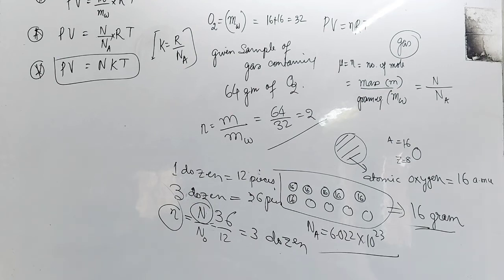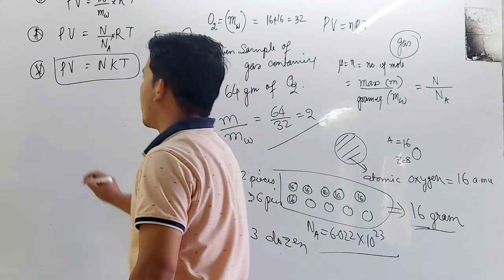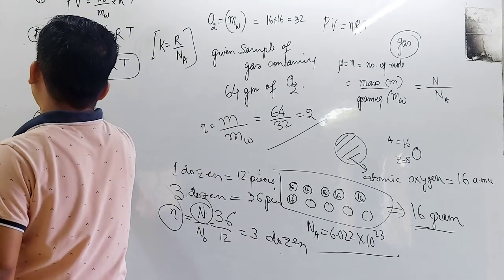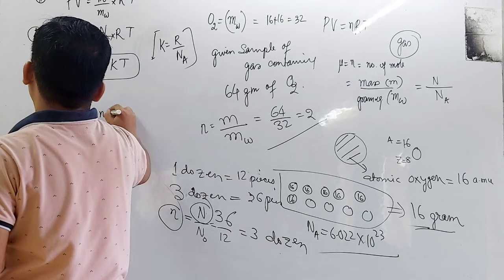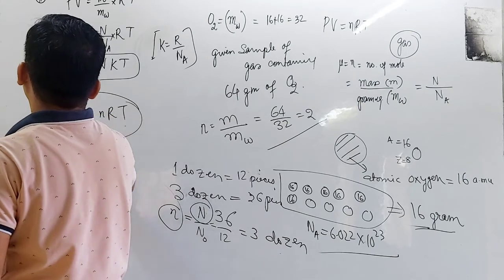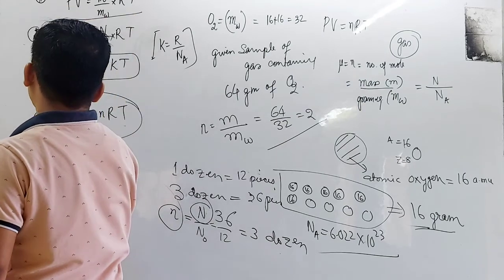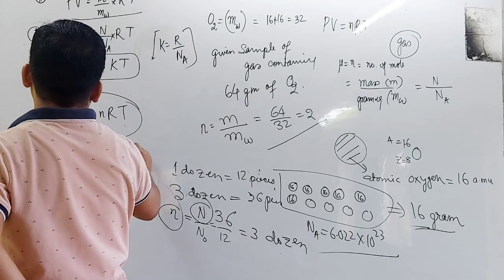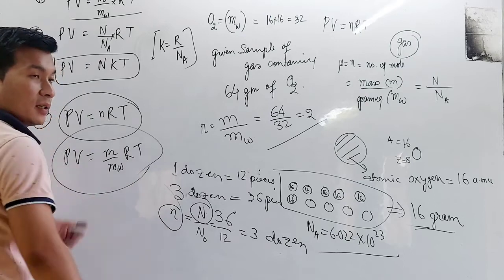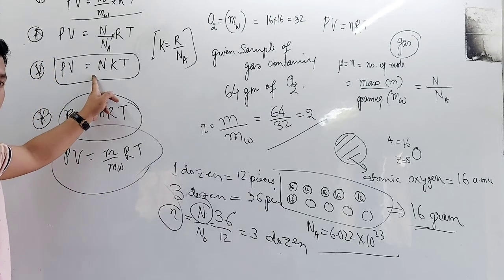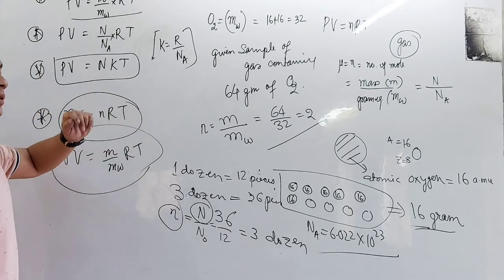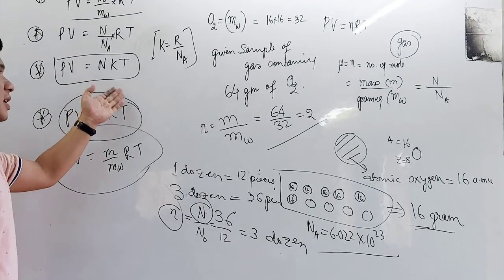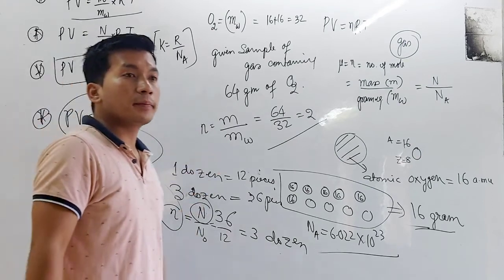In chemistry you study only the PV is equal to nRT form and the PV is equal to M divided by MW into RT form. But in our physics study we have an additional extension.